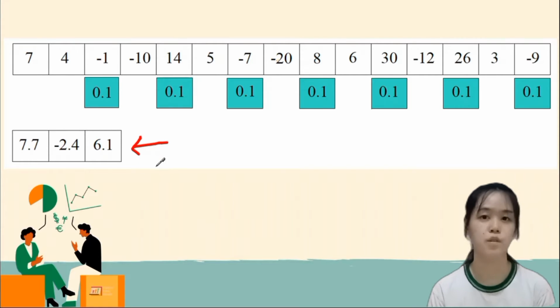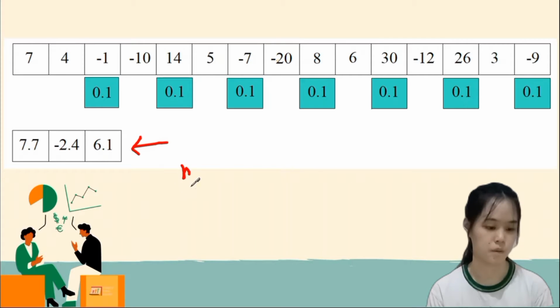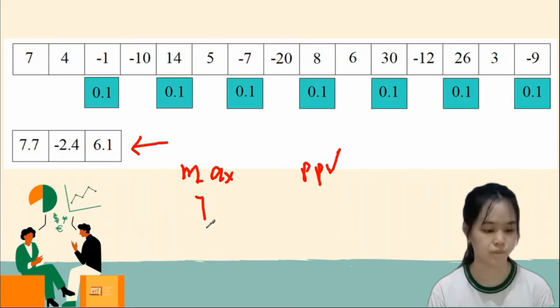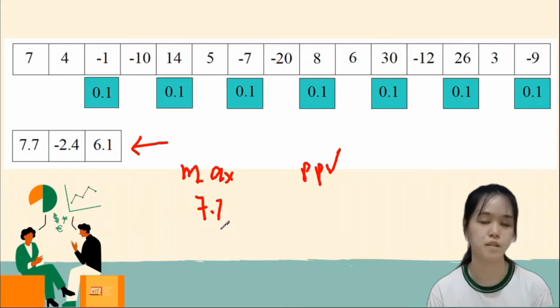The next step is to take out the features, the maximum value and the proportion of positive values. The maximum value among these three elements is 7.7, and the proportion of positive values is also 2/3.